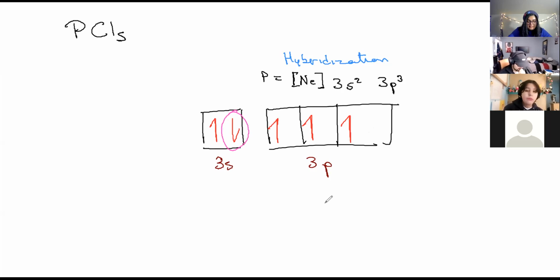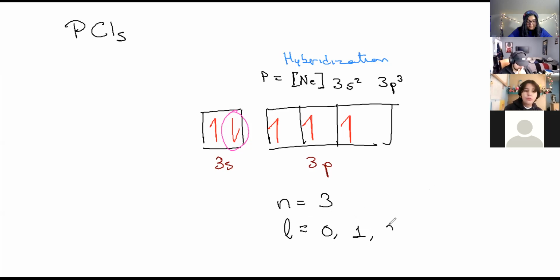Remember, when you have n equals 3, this dates back to module 11. If you have n equals 3, what are the possible values for L? 0 and 1, and what else? And 2.